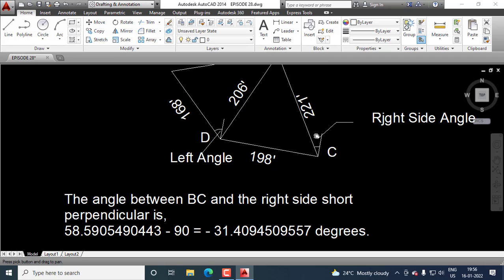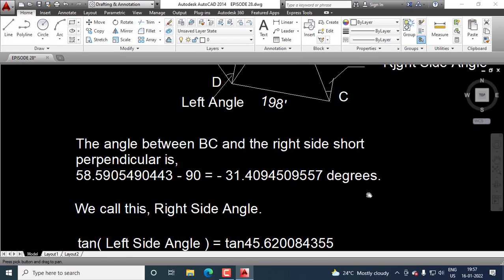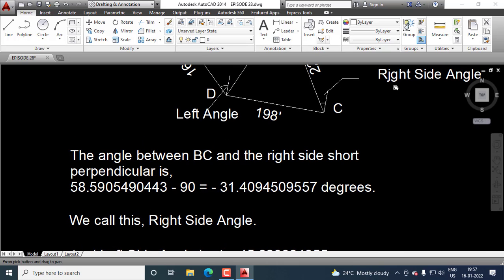Because this angle is outside the field, the sign of the angle is minus. Here the angle is inside the field and therefore it is plus. Actually, if we deduct 90 degrees from these angles, the signs will automatically be given by the calculator. This angle is called right side angle.